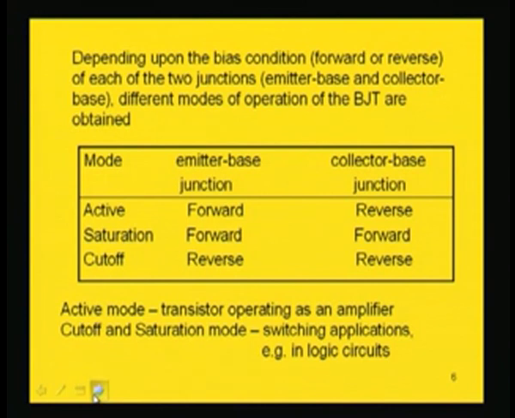But there are 2 other modes of operation, known as saturation mode and cutoff mode. These 2 modes are generally used in switching applications, as for example in logic circuits and digital devices. In saturation mode of operation, the emitter base junction is forward biased as well as the collector base junction is also forward biased.